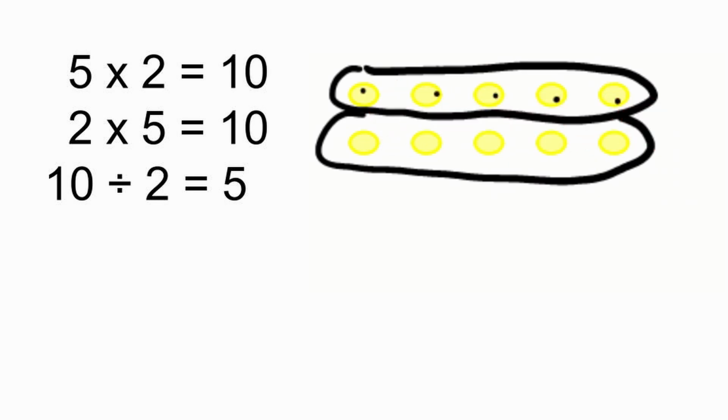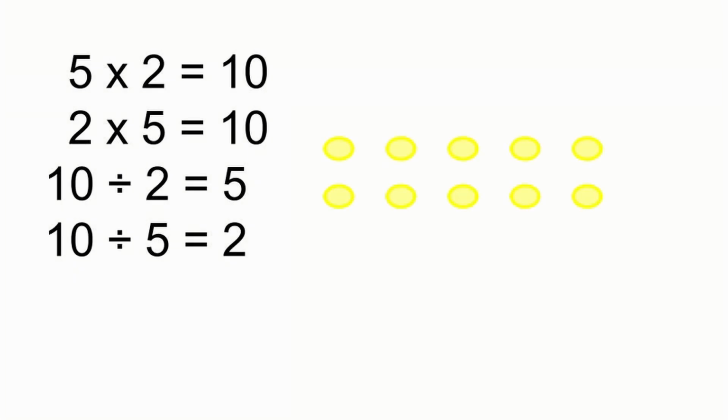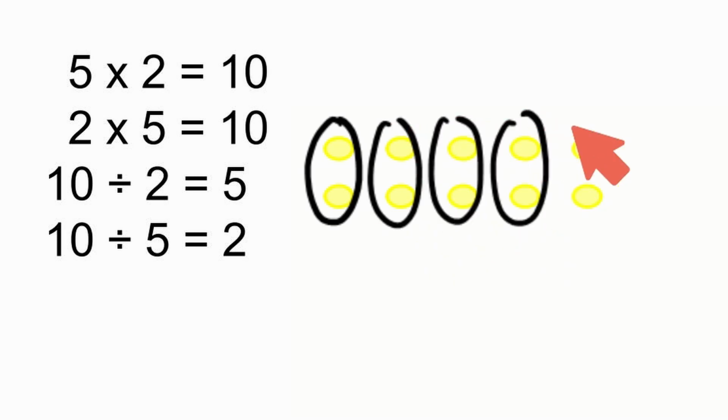So 10 divided by 2 is 5. And finally, what's the last equation I can write involving these numbers? I could write 10 divided by 5 equals 2. Starting with 10 objects, I can divide into 5 groups, 1, 2, 3, 4, 5. And notice that in each group I have 2. So in one group I have 2 dots.